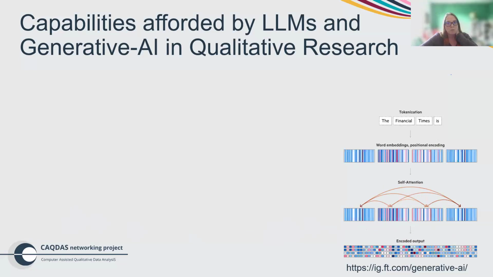So it's really important to understand how large language models work before you start to think about, okay, what can I do with that capability in terms of my qualitative analysis? So do go and check out that website if you're not familiar with that.